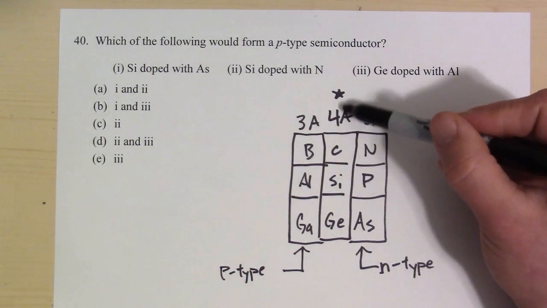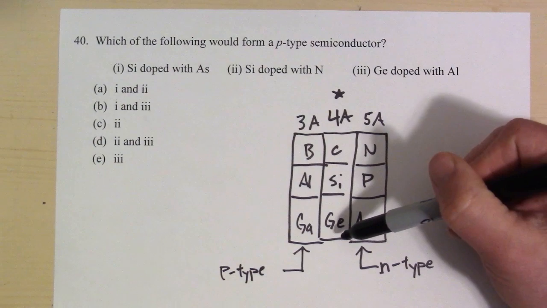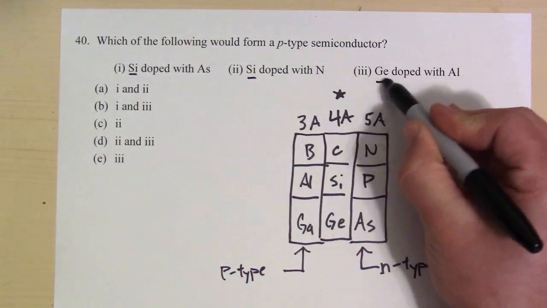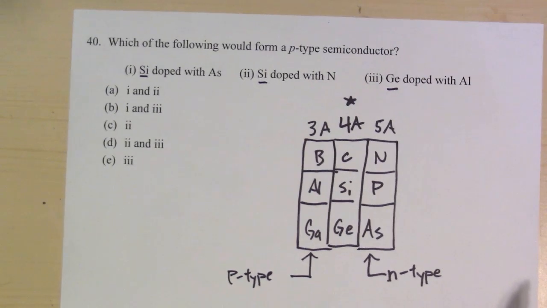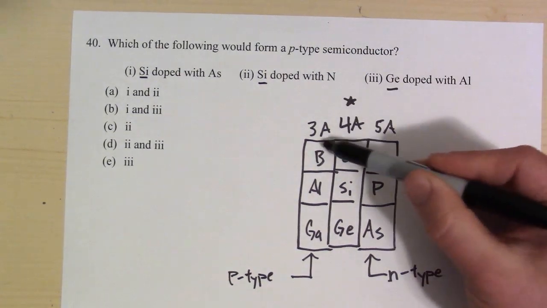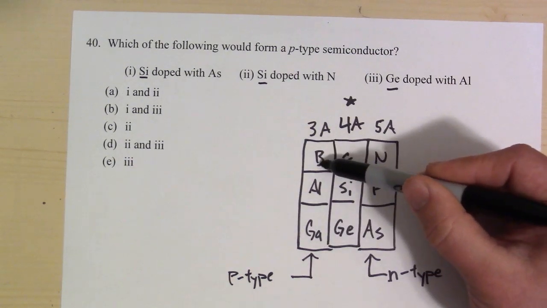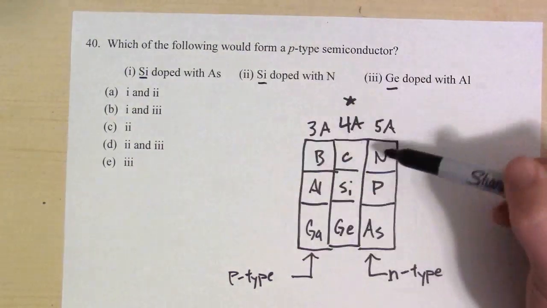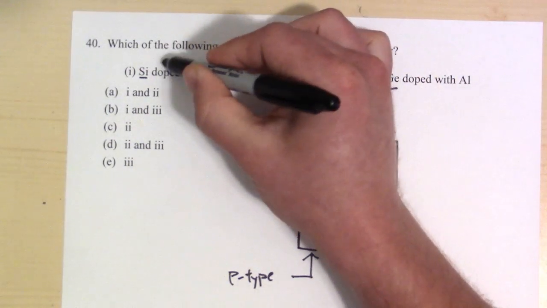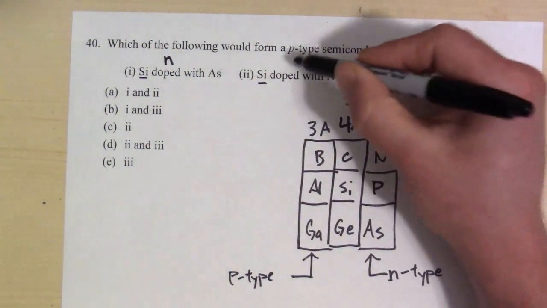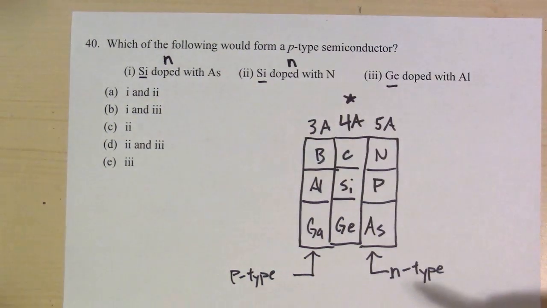So you find your 4A component, so silicon, silicon, and germanium in each case. And then which will form a P-type semiconductor, so that's going to be something from 3A. So boron, aluminum, gallium. So here we have arsenic, which is 5A, so this will be N-type. Nitrogen is also from 5A, so that will be N-type.